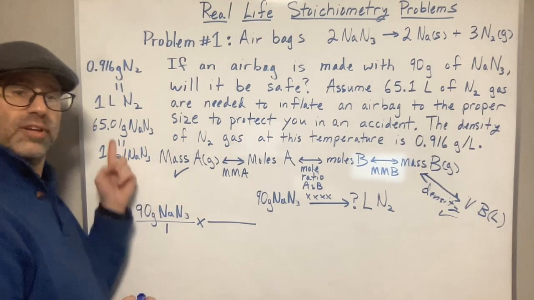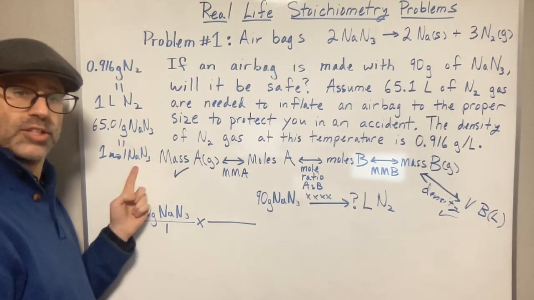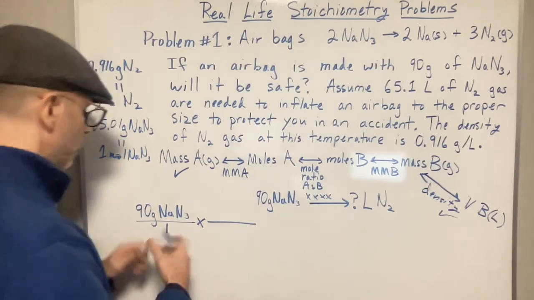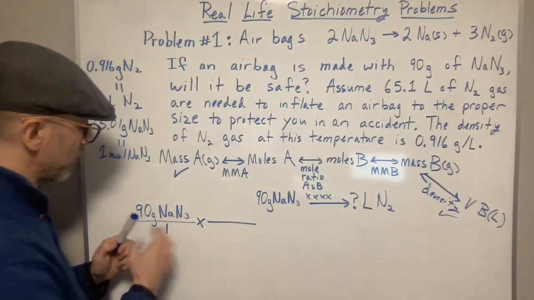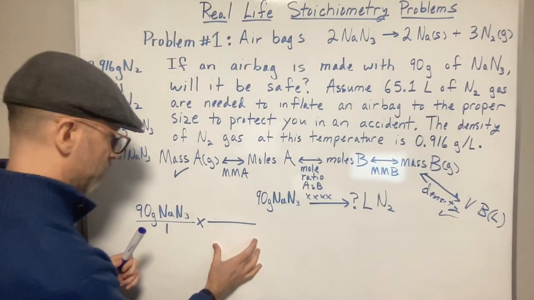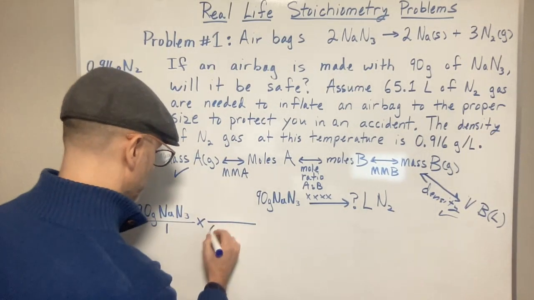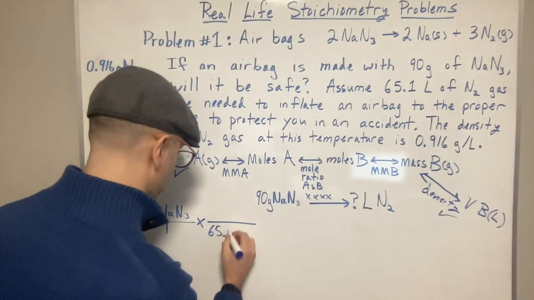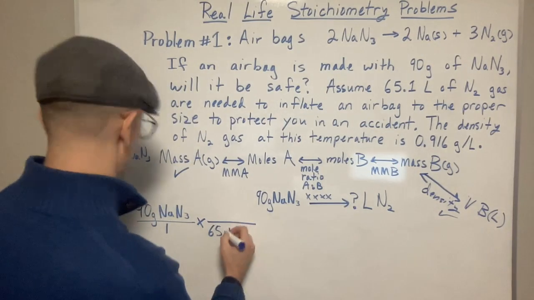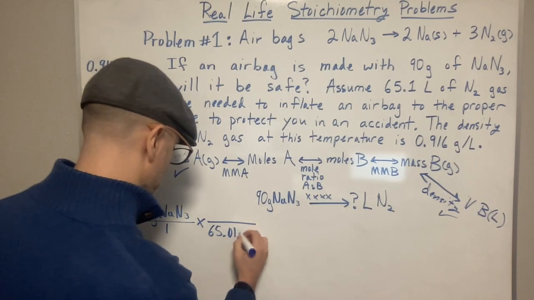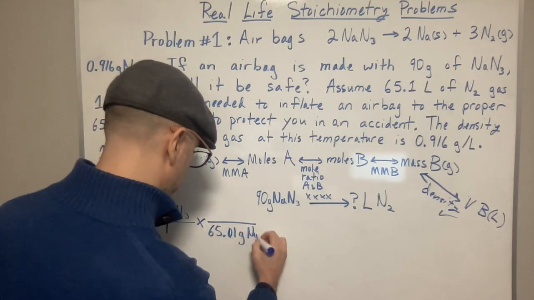So this is our first conversion factor, this relationship here. So since I have grams of NaN3 on the top here, I want grams on the bottom. So I'm going to put 65.01 grams of NaN3.